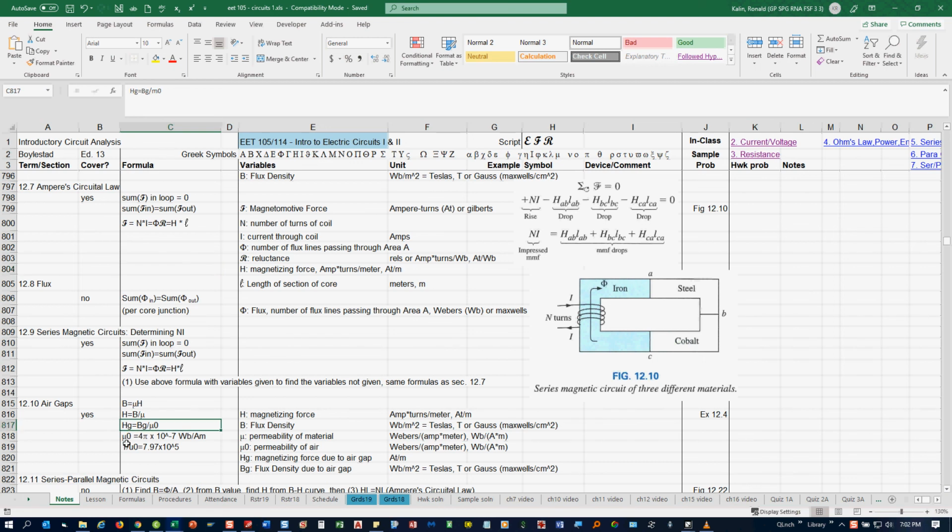The subscript is G because it just means gap, and then mu 0 is 4 pi times 10 to the negative 7th Webers per ampere meter. And then they have 1 over mu 0, which is just the reciprocal. A lot of times mu 0 is in the denominator, that's why they do that. It is 7.97 times 10 to the 5th. Okay, so we'll go over a problem on how to figure that out.